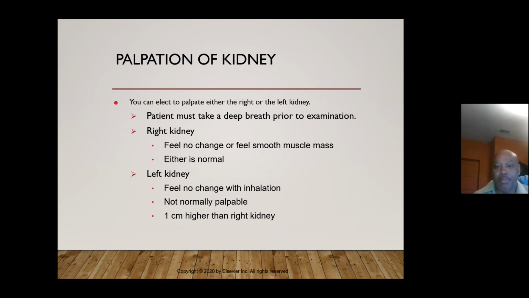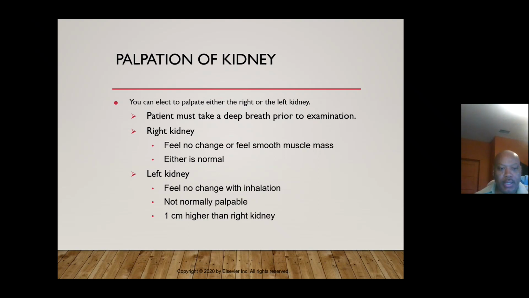And of course, you need a deeper palpation than that used with the liver or the spleen. Then we ask the patient to take a deep breath. In most people, you will feel no change. Occasionally, you may feel the lower pole of the right kidney as a round, smooth mass that slides between the fingers. And of course, either condition would be considered normal.